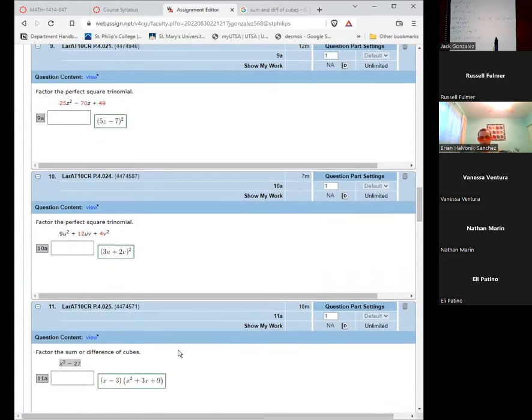Number 9, 10, and 11. Actually, no, just 9 and 10 are perfect squared trinomials.